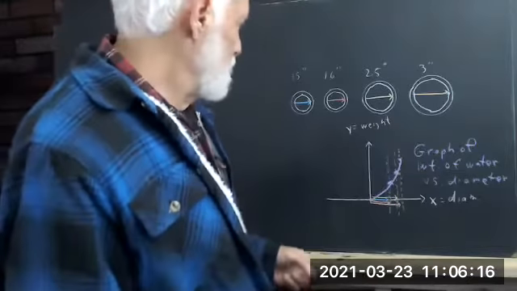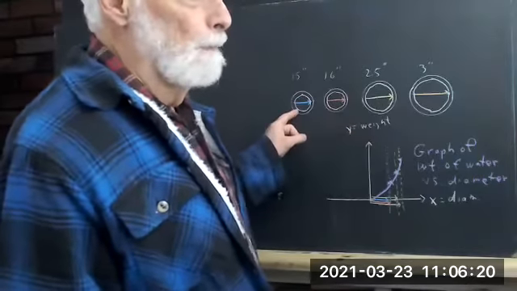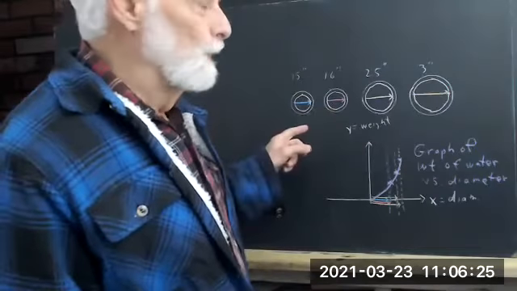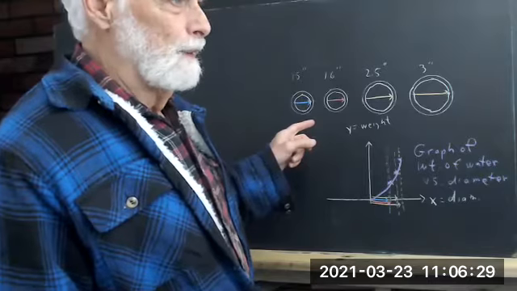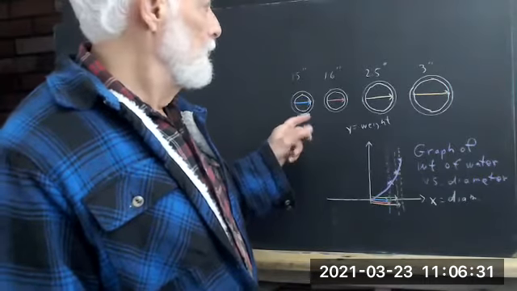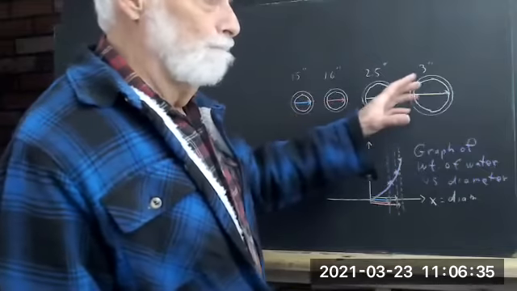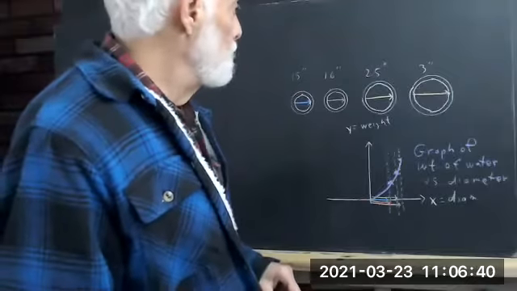Well, I'll give it away to you. It turns out that the ratios of these diameters, or the ratio of the squared diameters, appears to be almost a perfect predictor of the ratios of the weights of the water, or the masses of the water.